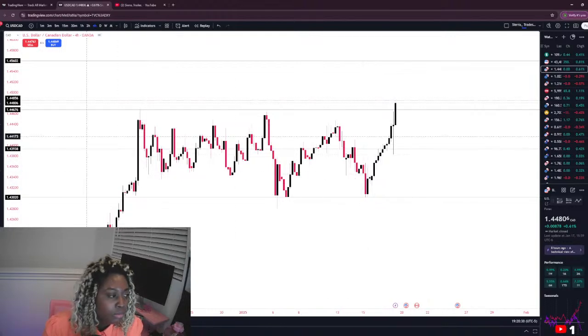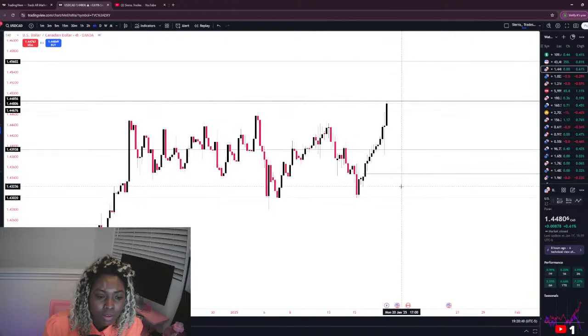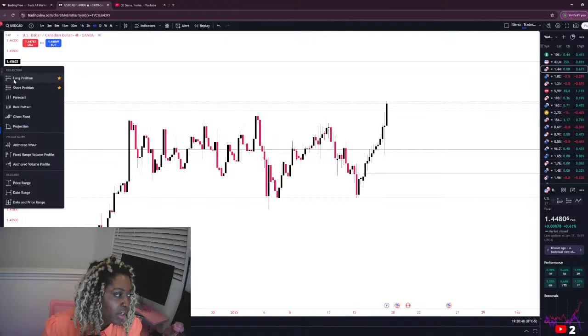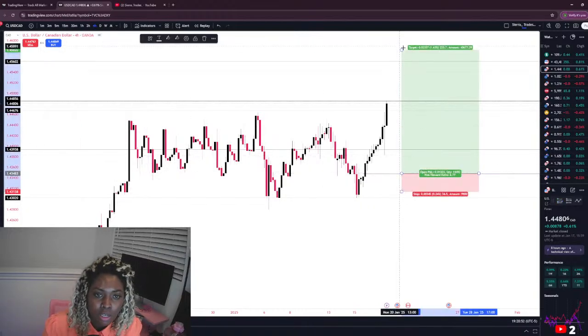I don't see it coming all the way back down to here. But if price comes back to here and gives some type of confirmation that it's going higher, I am for sure going to take another trade, and I'm going to take it to here.